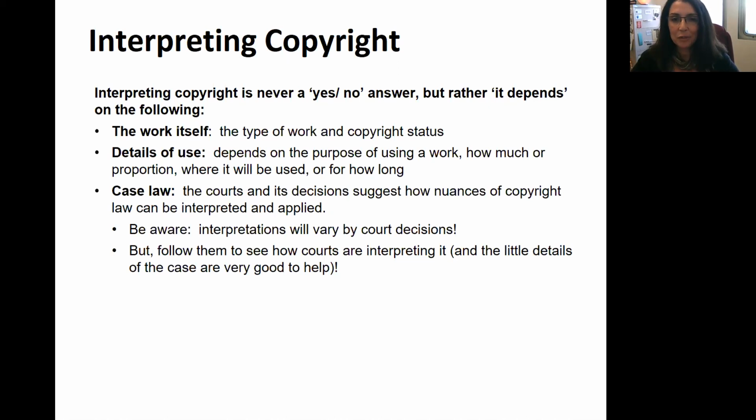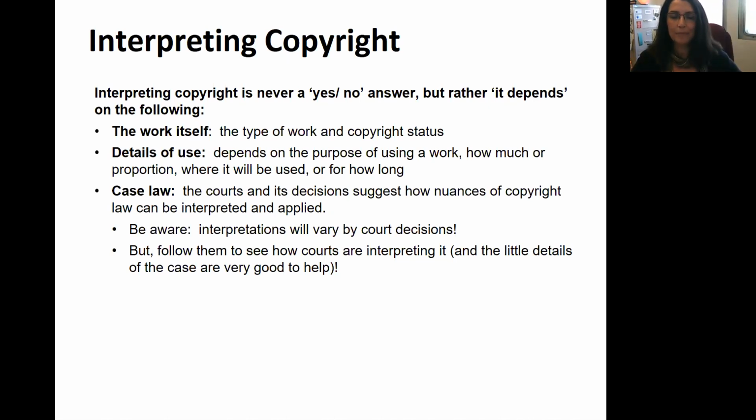The details of use will also affect how copyright is interpreted. So it depends. What this means is, what is your purpose for reusing a work? Does somebody want to borrow Miss Marley's image to teach a class and to show a cute picture of a dog, or to illustrate an example? Or do they want to commercialize it and put it on t-shirts?